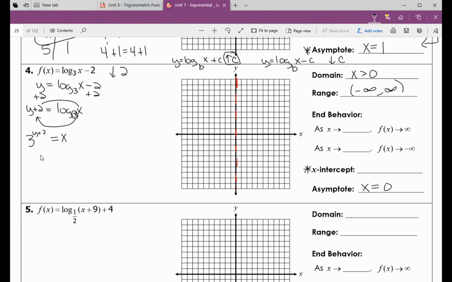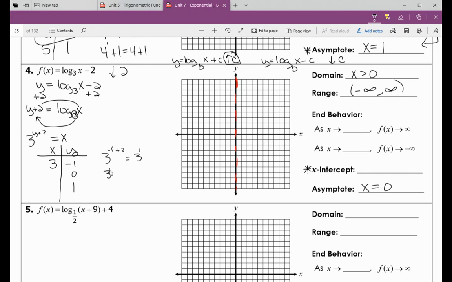Now, I'm still going to make my table, and I am going to put my favorite three numbers, -1, 0, and 1, in my table. When I plug in -1, I get 3 to the -1 plus 2 power, which gives me 3 to the first power, which is 3.